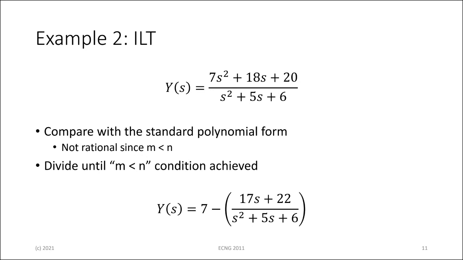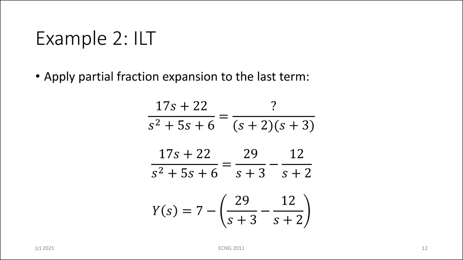Once you do that, you will get this 7 minus, and we now have what we want here, which is what we call a rational polynomial. All right, you do that, and you proceed to factorize both the numerator and the denominator. Sometimes it could be done by inspection. So like in this case, the factors are s plus 2 and s plus 3 right here.